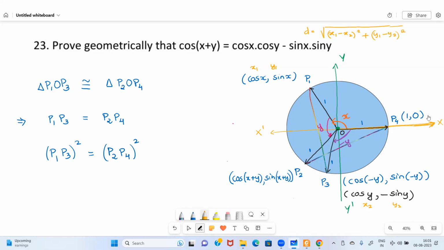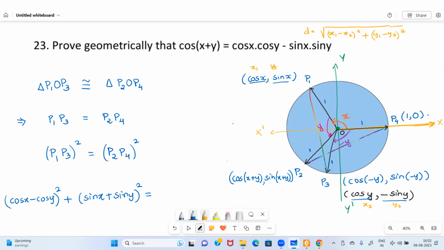So when I square it, you can see here, I will get cos x minus cos y whole square plus sin x minus of minus sin y, which will become plus sin y. Is equal to P2, P4.